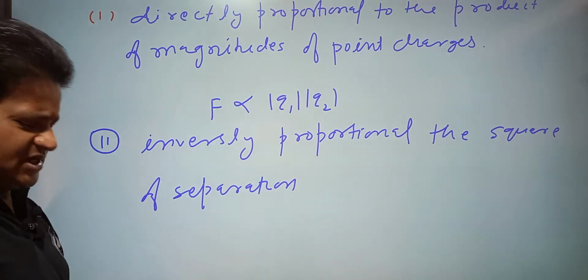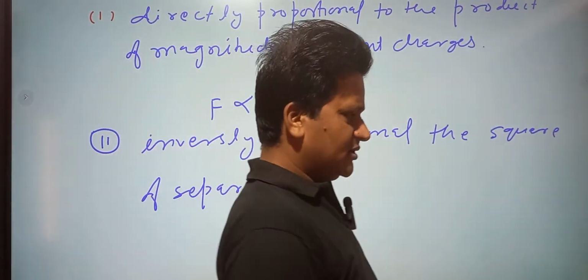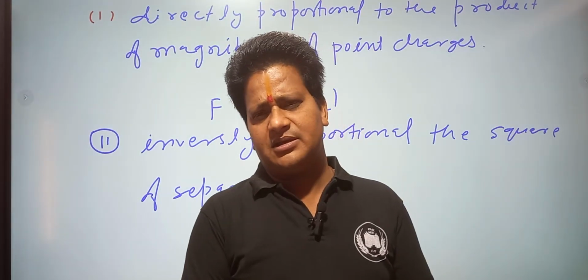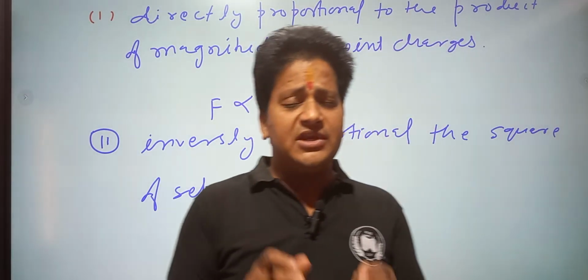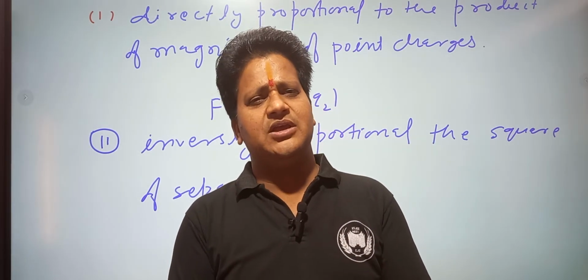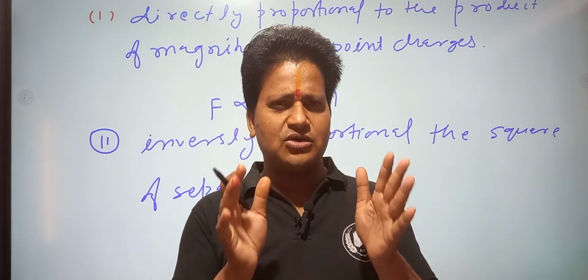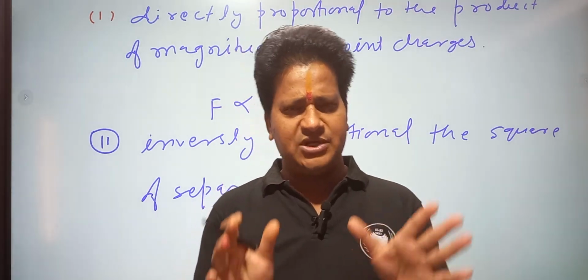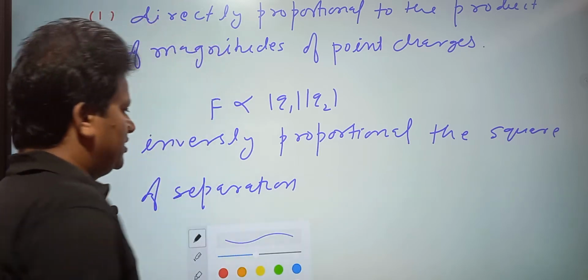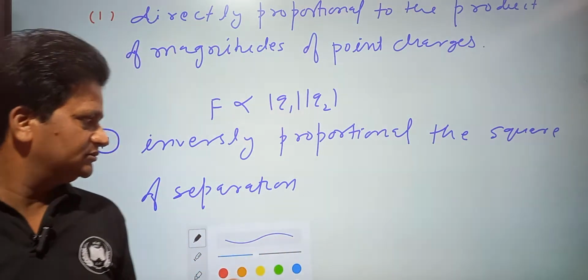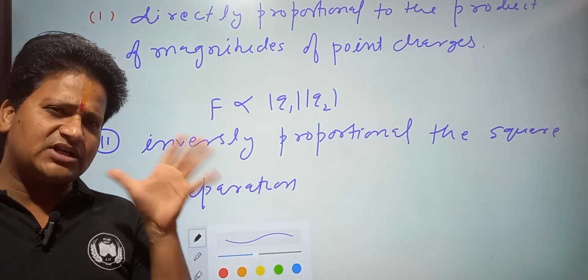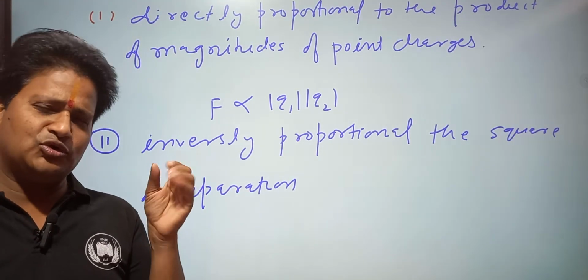What is the meaning of separation? Can anyone say? The meaning of separation is the shortest distance between two points. You can write separation or shortest distance, both are correct.